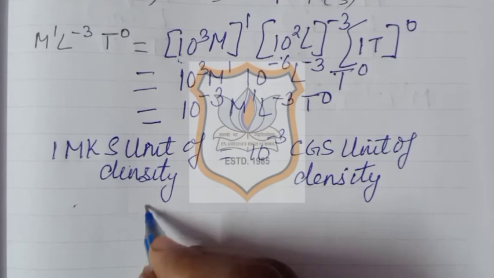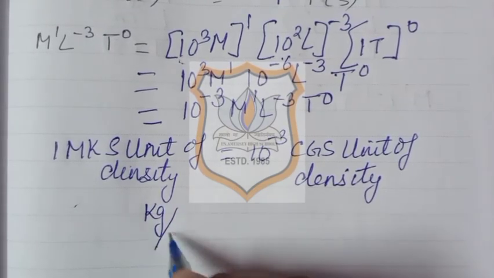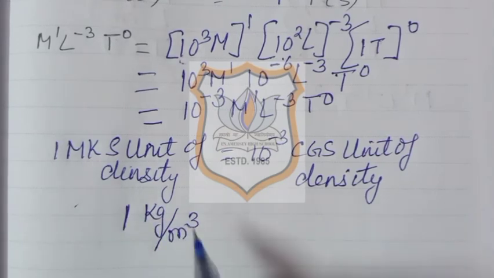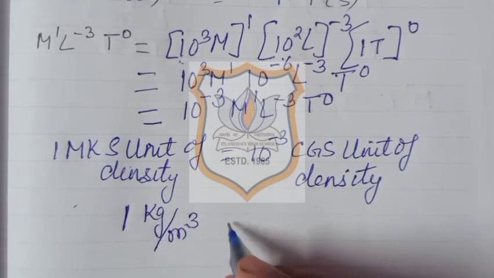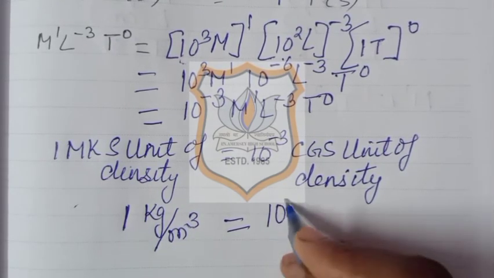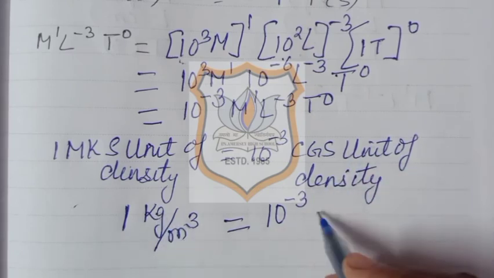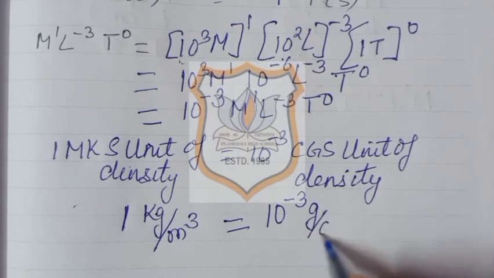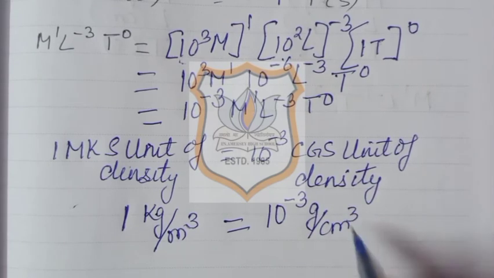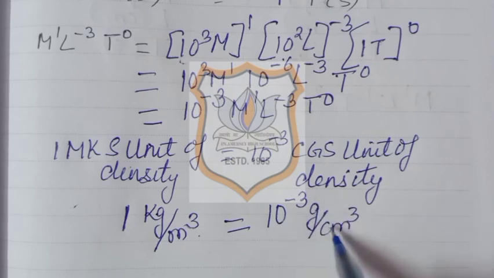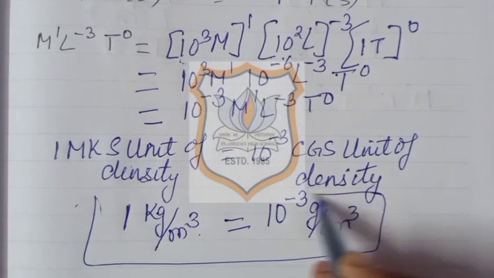So mass we measure in kg, volume we measure in meter cube in the MKS system. So 1 kg per meter cube is equal to 10 raised to minus 3, and in the CGS system kg becomes gram and meter becomes centimeter. So 1 kg per meter cube is equal to 10 raised to minus 3 gram per centimeter cube.